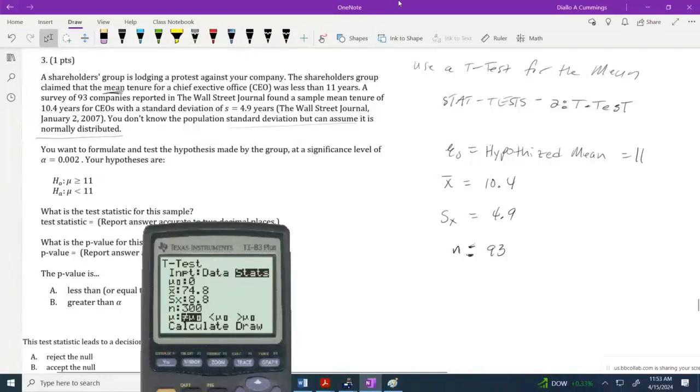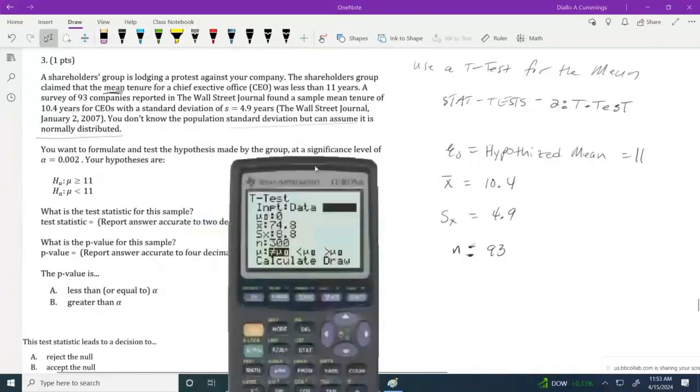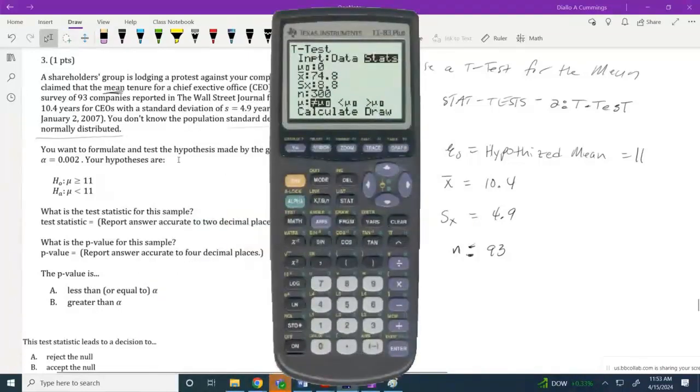Now, for the last line, we're going to base this last line off of our alternative hypothesis. So since the inequality in the alternative hypothesis is less than, I'm going to choose that less than option.